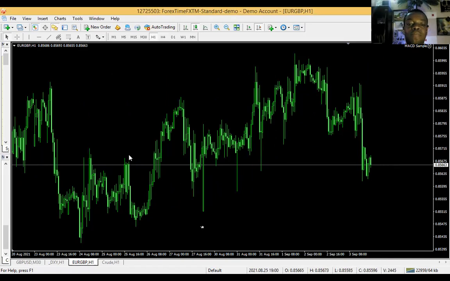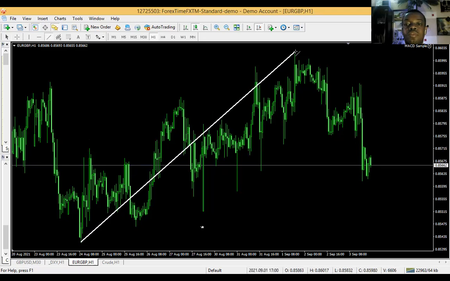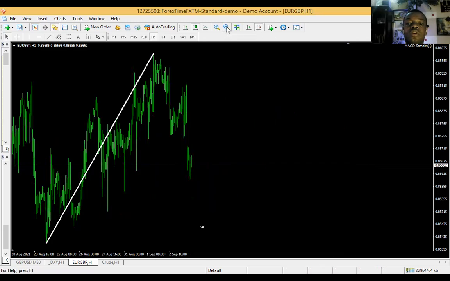In this particular place, I'm going to draw a trend. The market started from here and then went down to this one. This is the highest, so the market is still up, still in an uptrend, if you ask me. But I want to show you what happens when a market changes.